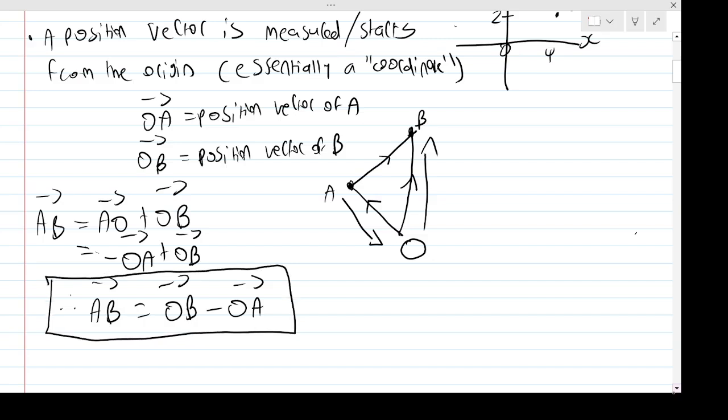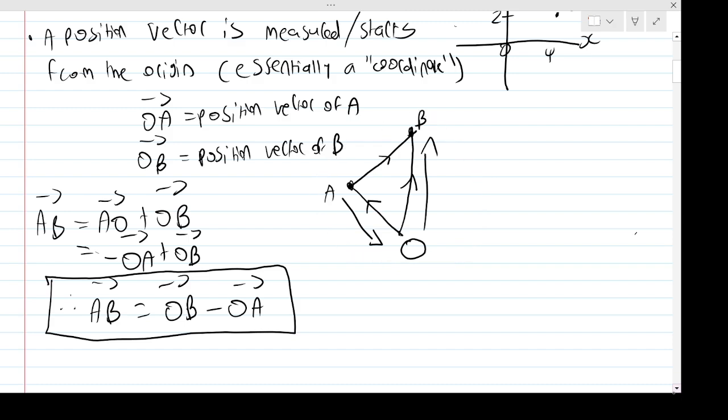We will be using this throughout this section, and you will need to know we can decompose or express a vector in this way in terms of the origin, and it all stems from this triangle here.